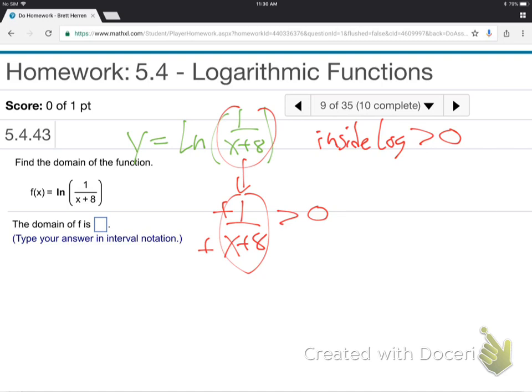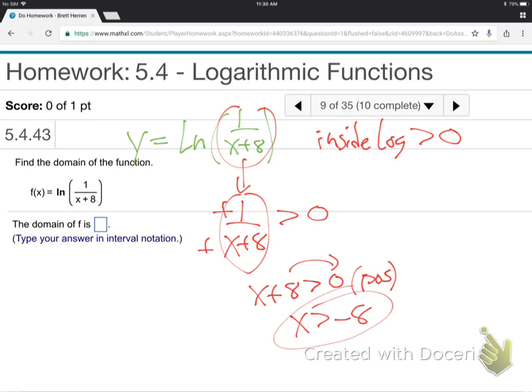So as long as the bottom is positive, that's positive. Greater than 0 is another way of saying positive. You with me on that? If I say greater than 0, I'm saying positive. So the top's already positive, so if the bottom is positive, then it's positive over positive, the whole thing's positive. So really it's just the bottom being positive, and then solve for that: you move that over, x is greater than negative 8. As long as x is greater than negative 8.